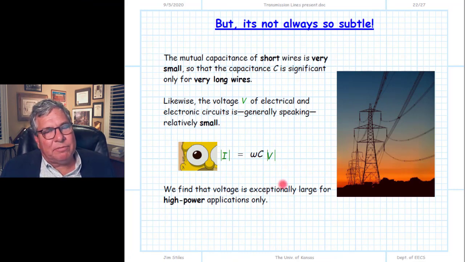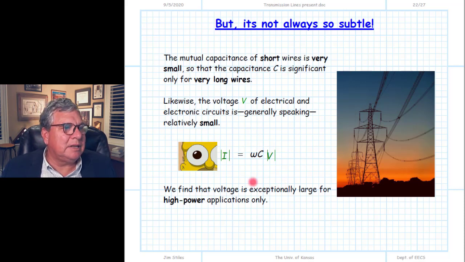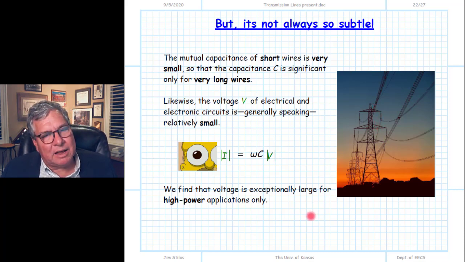So just like we had for inductance, the displacement current can be significant when our wires are very long. And once again, this can be a problem for transmission systems like power transmission. In addition, for power transmission, the voltages are extremely large.